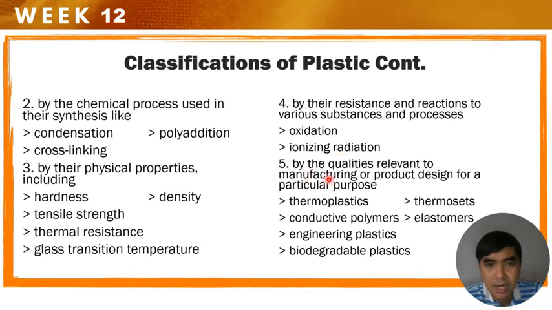Next is by the qualities relevant to manufacturing or product design for a particular purpose. These examples depend on the usage of the plastic product that is being used. First is thermoplastics that we already defined a while ago, then conductive polymers. Polymers are insulators in nature, right? But conductive polymers have gained their conductivity properties through additional materials.